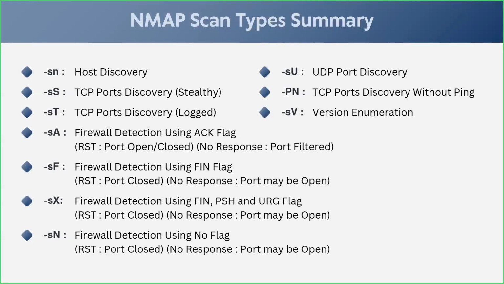A quick summary of all the scan types we learned yesterday and today. sn for host discovery, sS for TCP port discovery stealthily, sT for TCP port discovery in a logged manner, performing the TCP three-way handshake. sA, ACK scan, for firewall detection using the ACK flag. sF also for firewall detection, but with the FIN flag. sX for firewall detection, with the FIN, PUSH and URG flags. sN also for firewall detection, but with no flag, the null scan. sU is for UDP port discovery. Pn for TCP port discovery without ping. And sV for version scan. These are all the scan types we learned yesterday and today.